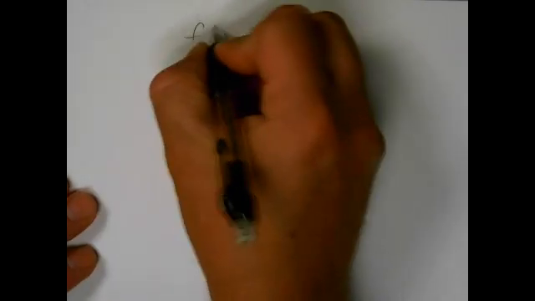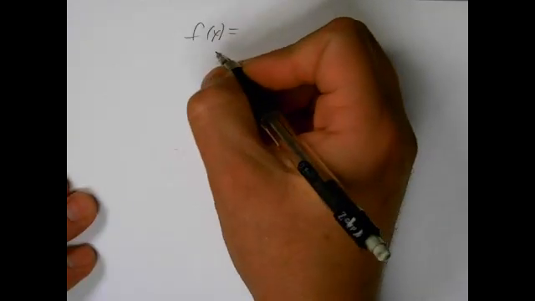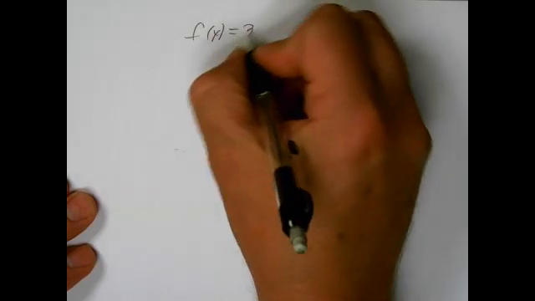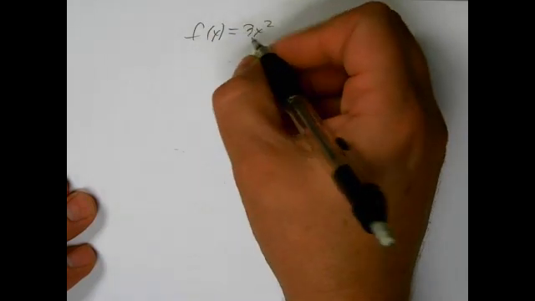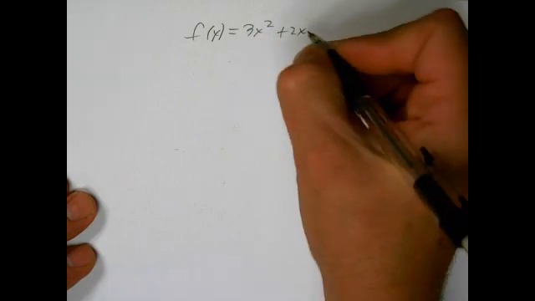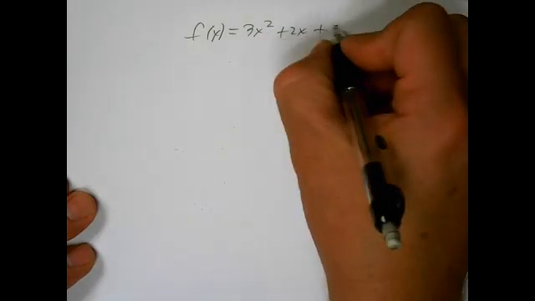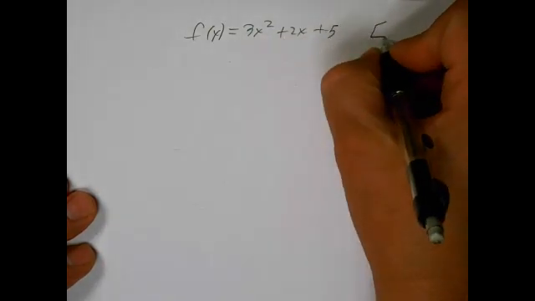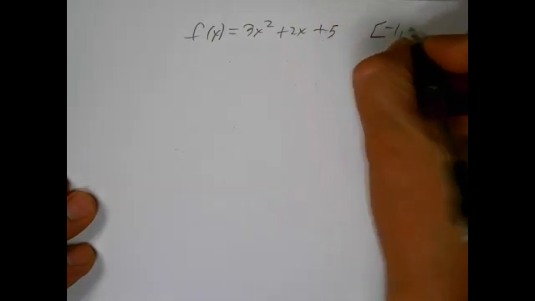Very similar. So let's give it a try. Let's say f of x was equal to 3x squared plus 2x plus 5, looking at the interval from negative 1 to 1.